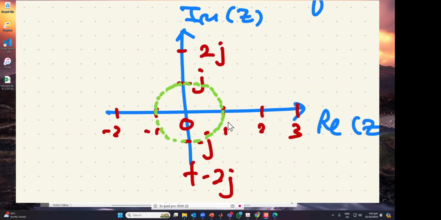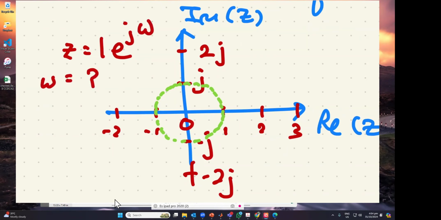And it's spinning. Guys, how is it spinning? I have the complex number on the unit circle. What is my omega, my theta? So my z is now 1 e^(j omega). What is 1? 1 is the unit length.